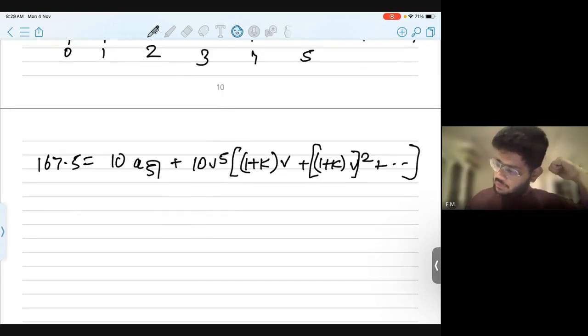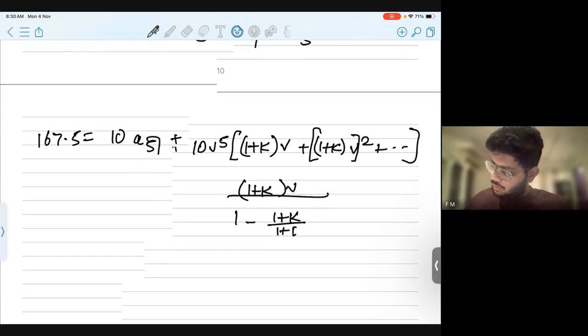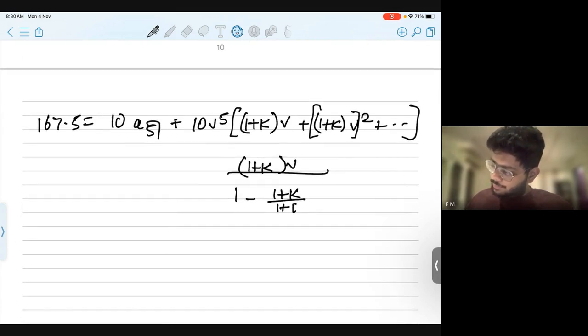So this is a perpetuity. So this becomes a upon 1 minus r, where r is (1 plus k) v, which is (1 plus k) upon (1 plus i). So 1 plus i goes up, v cancels out.